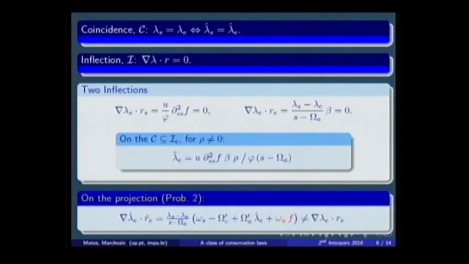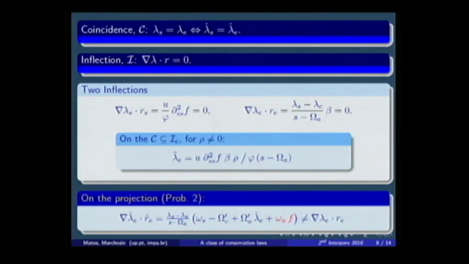Okay, we have another problem. On the projection, if instead of the coincidence, the inflection is where the eigenvector and the gradient are perpendicular in the space, if we take a look at the gradient of the scalar eigenvalue and the projected eigenvector, if we perform this computation, we get this. And this is not the same as we have here, because this term in beta has an omega and not an f.